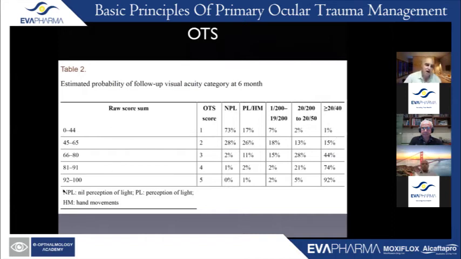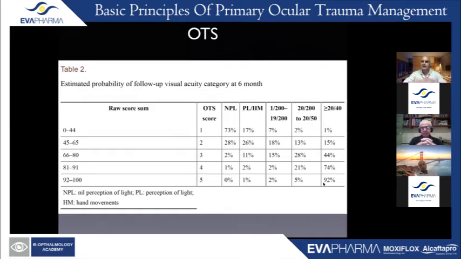If you have a high ocular trauma score, it means you have a high probability of good visual acuity. Saying so, this does not mean that, sometimes, if you have a very low score at presentation, like perception of light, and the patient is properly managed, many of these cases could have a much better visual prognosis.